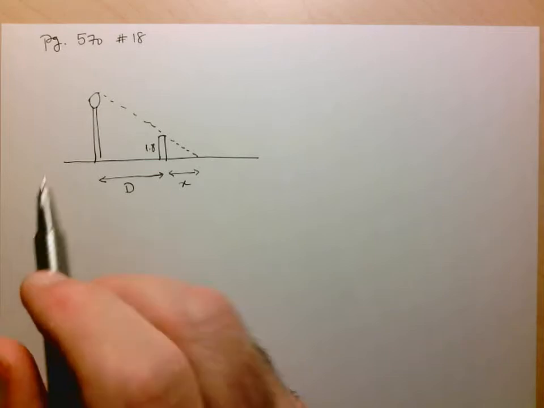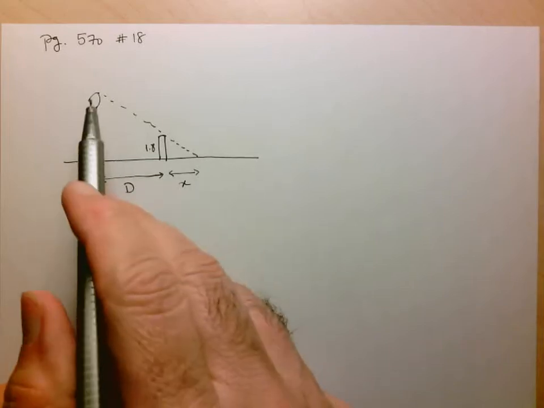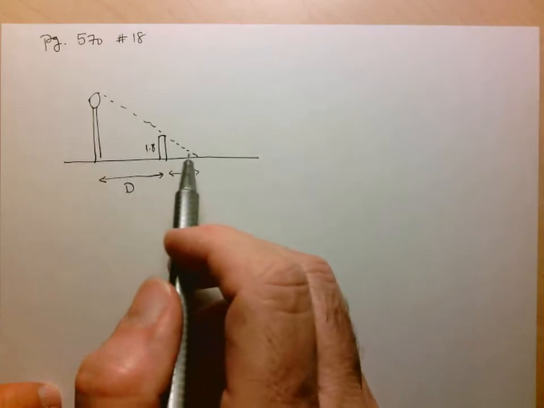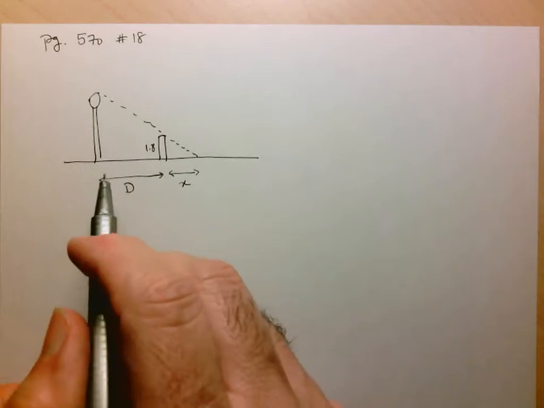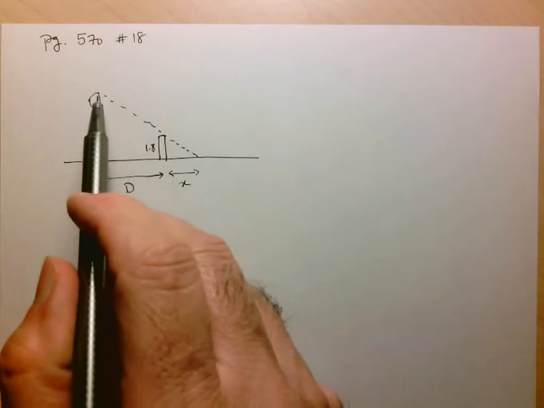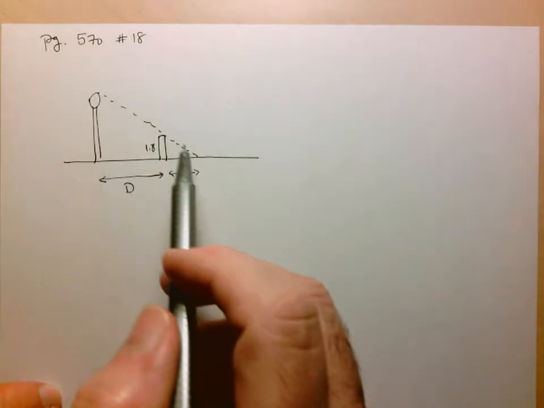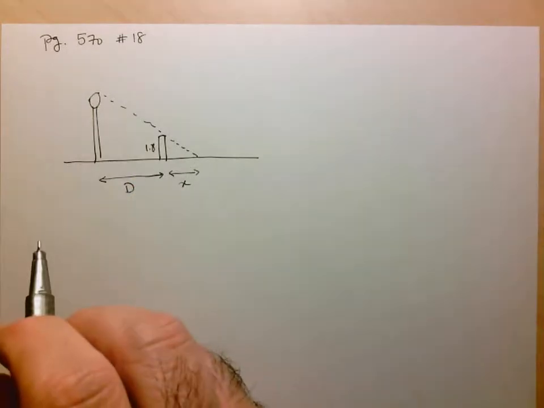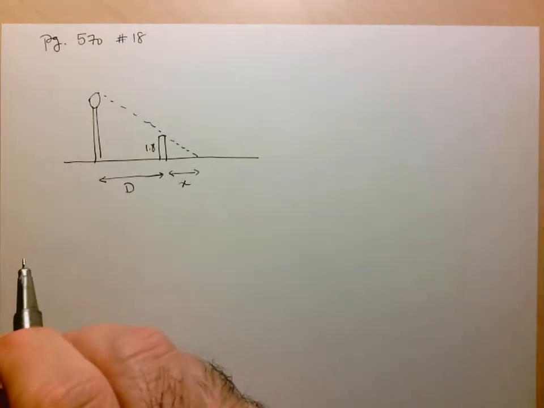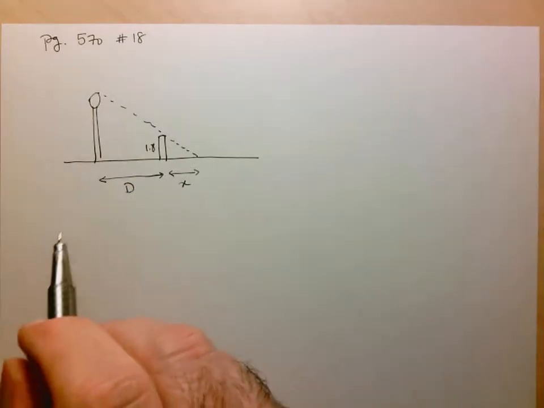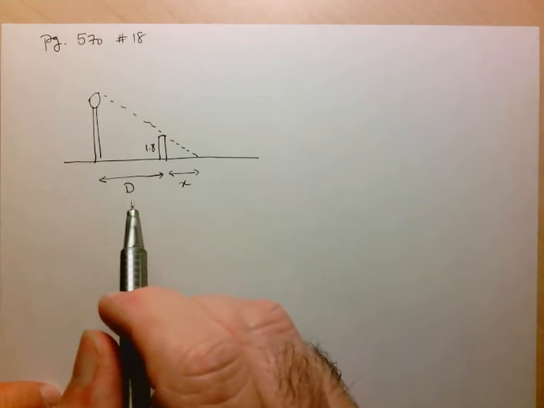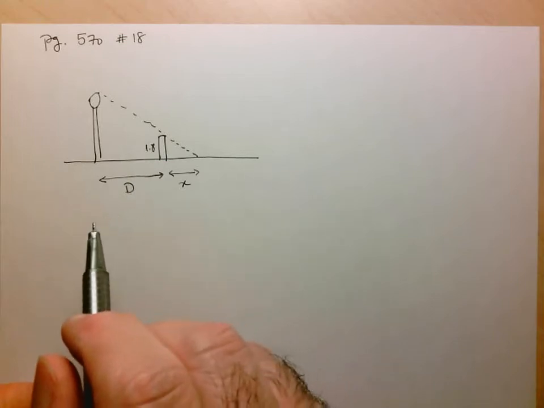So let's take a look at the picture. You see a bunch of right angle triangles. You might think Pythagoras, but there's no information given about the hypotenuses of these triangles. So while we do have right angle triangles, it doesn't look like that's going to be useful to us.